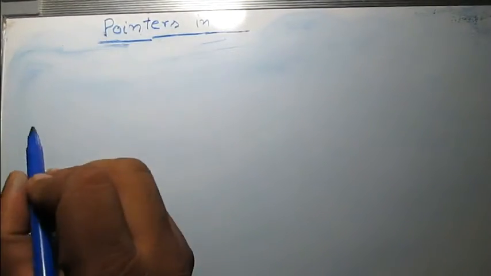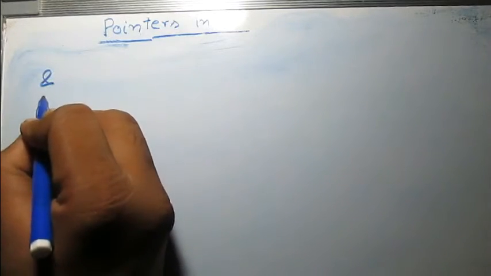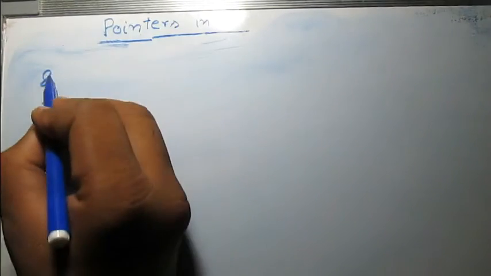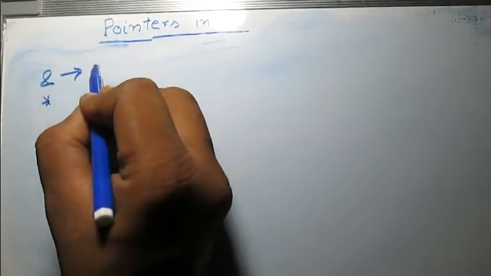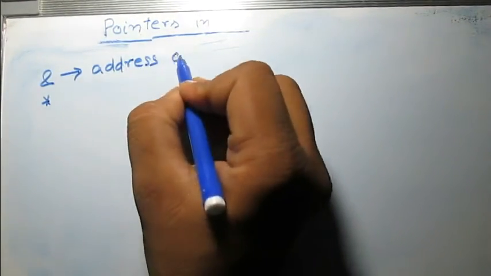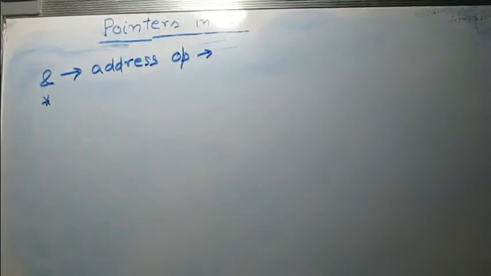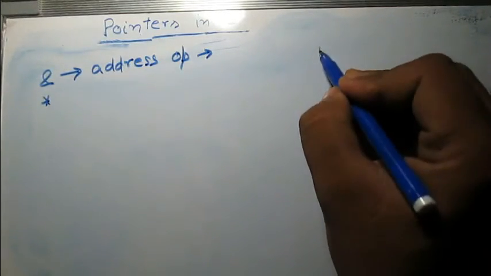The two operators I told you which are used in pointers are ampersand and asterisk. The ampersand operator is also called the address operator. This operator is used before a variable to access the address of that variable.